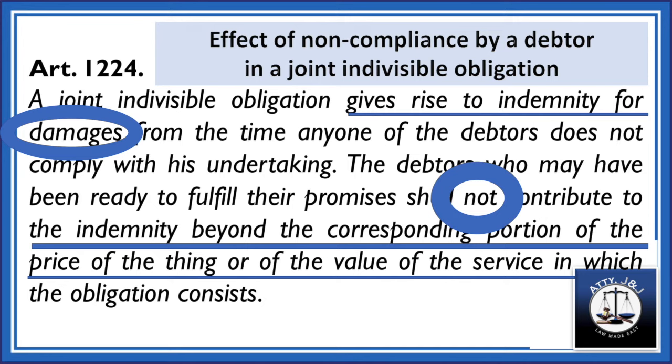So, meaning, pag may isang co-debtor nila na hindi makapag-comply ng kanyang obligation, silang lahat ay magiging liable for damages. Although, meron lang silang right to go against that negligent or guilty debtor. So, this is unlike sa joint indivisible obligation. Well, actually, this provision has already been explained under Article 1209.